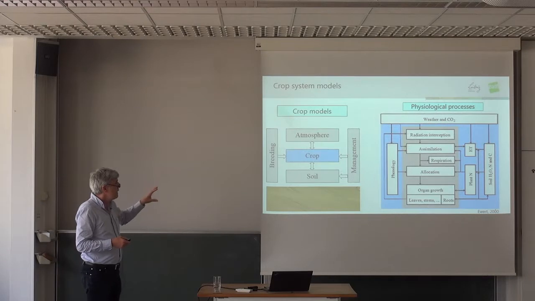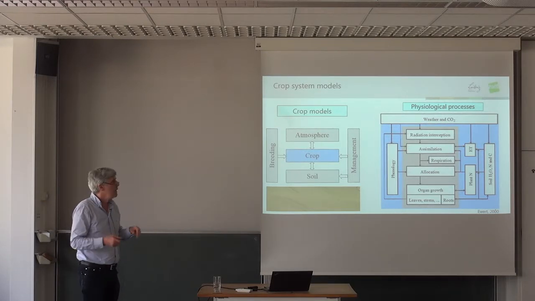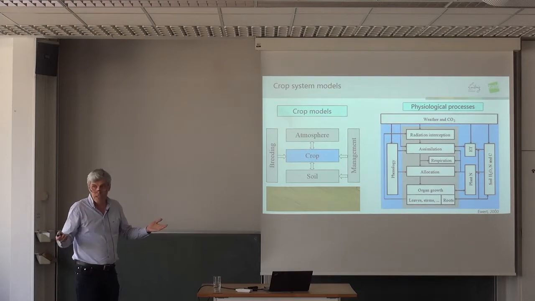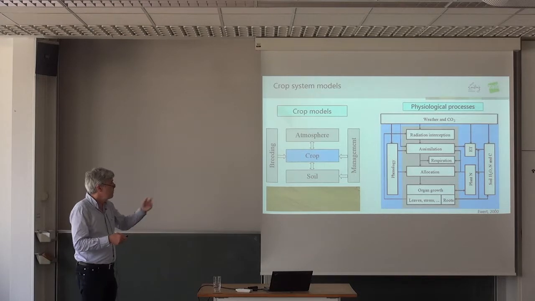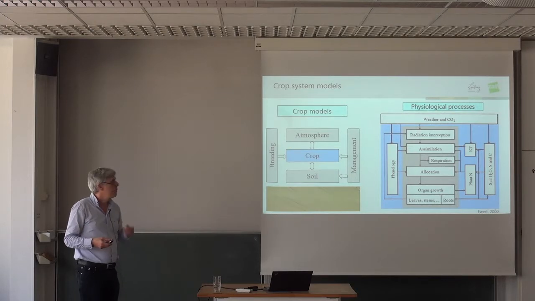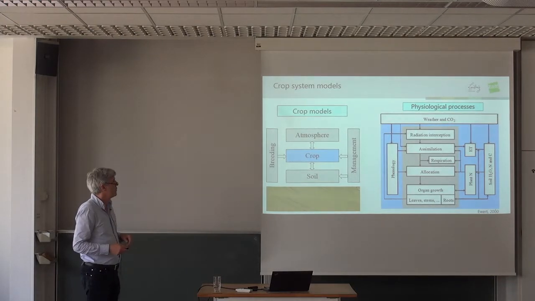There's a range of impact variables to which these crop models are sensitive, as our crops are sensitive in the field. We can group them into atmosphere, climate-related, soil-related, management-related, and there is a genetic component that is influenced by breeding. These are the main factor groups.